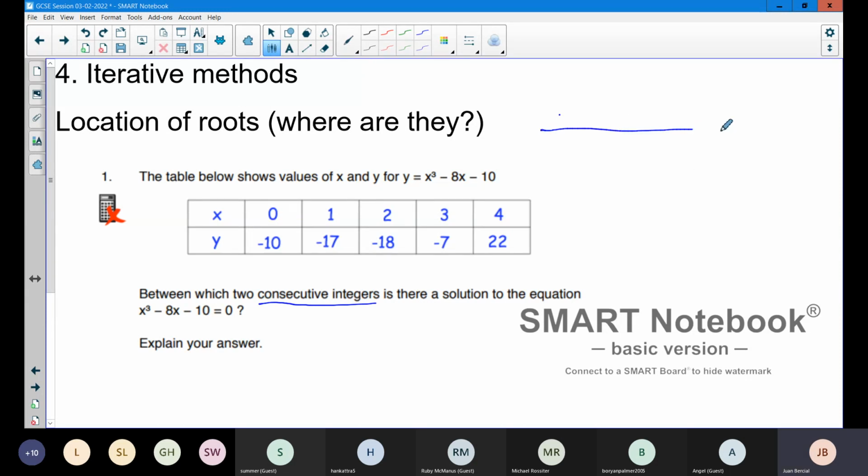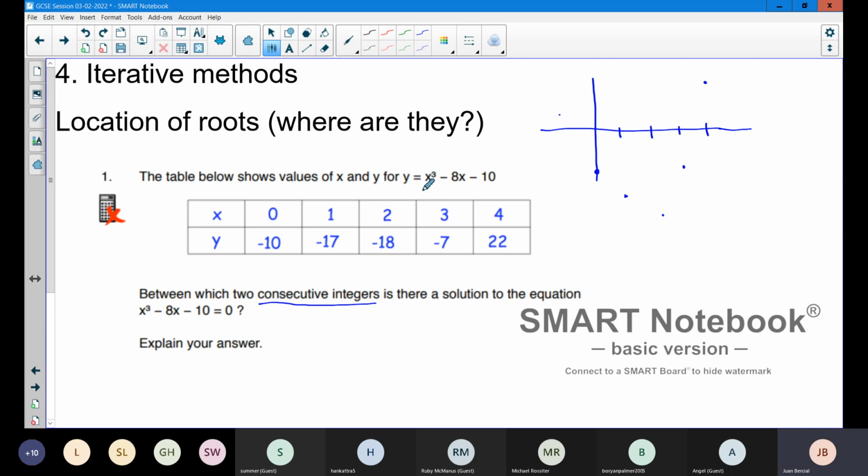So if you think of this graph, at 0 you've got -10, at 1 you've got -18, at 2 you've got -18, at 3 you've got -7, and then at 4 you've got 22.